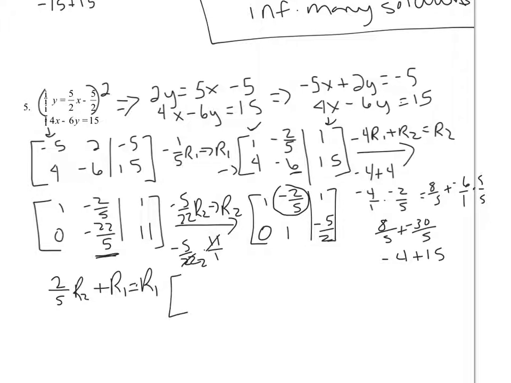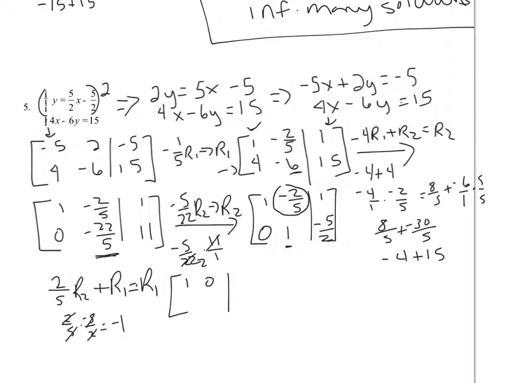Okay, 2/5 times 0 is 0. 0 plus 1 is 1. 2/5 times 1 is 2/5, and 2/5 plus negative 2/5 is 0. 2/5 times negative 5 over 2 becomes a negative 1.